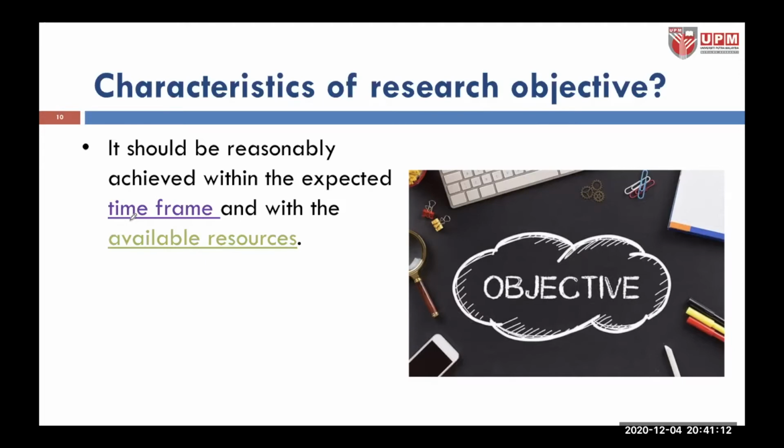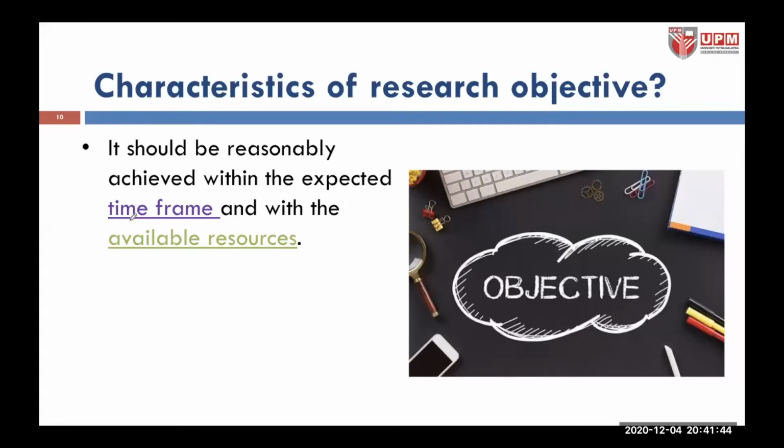And it is with the available resources. Of course, when you want to do something, you are very ambitious. For example, you want to run an experiment, but you do not have the rig, the experimental setup, or the equipment. So most likely you may end up doing just a simulation or just a theoretical study.